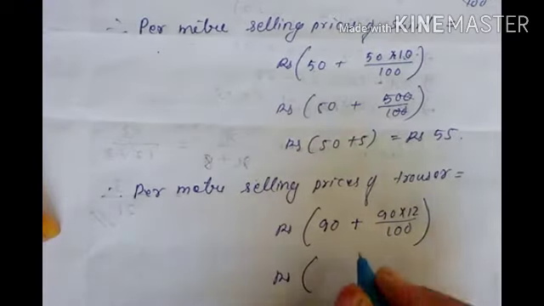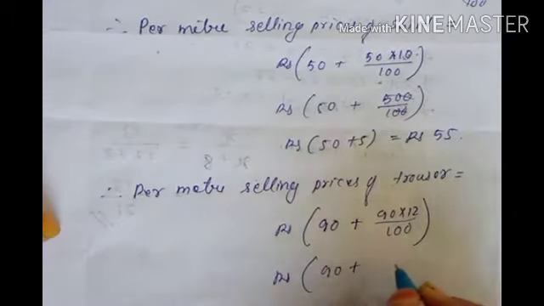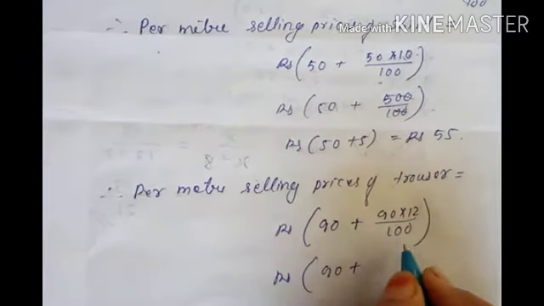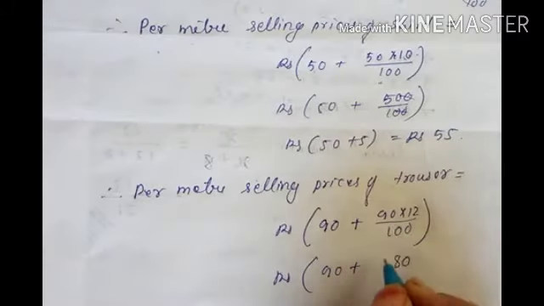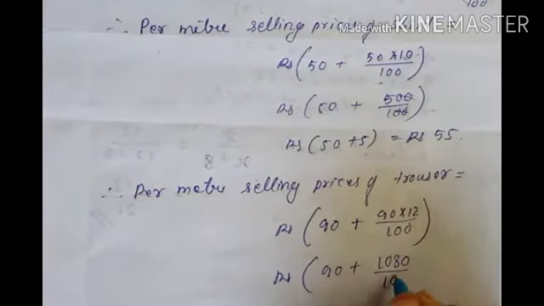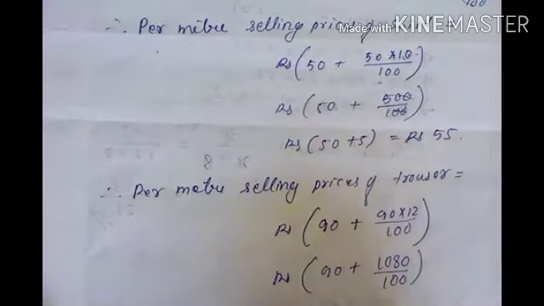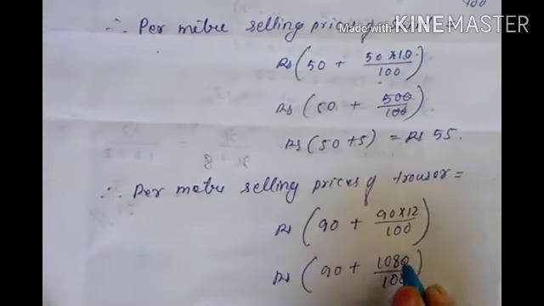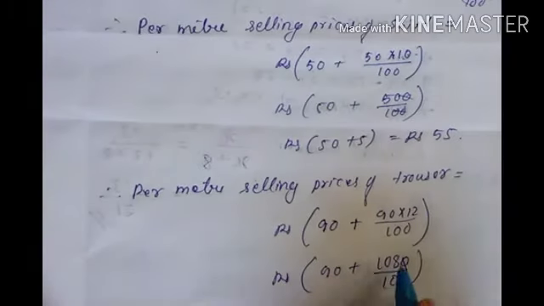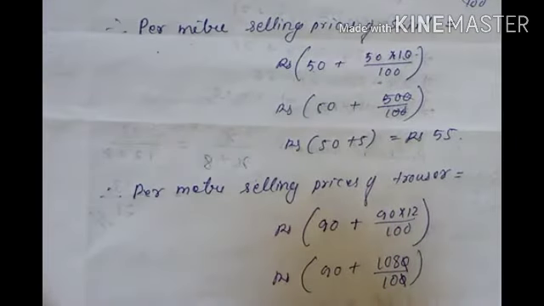So rupees 90 plus, how much you will get here? 108 by 8. Now this 0 and this 0 are cancelled. So here how much you will get? 80 plus 10.8. If you add, you will get rupees 100.8.